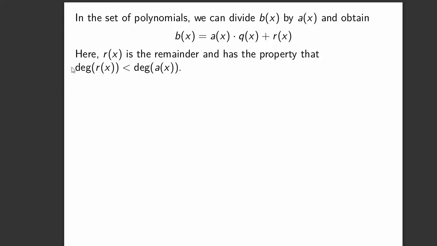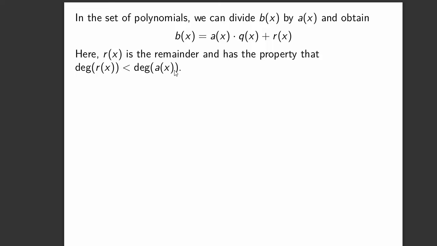Here the 0 less than or equal to is missing. Please excuse me for that. This actually should read 0 less than or equal to degree of r(x) strictly less than degree of a(x). So degree of a polynomial is the highest power of x that is appearing in that polynomial.